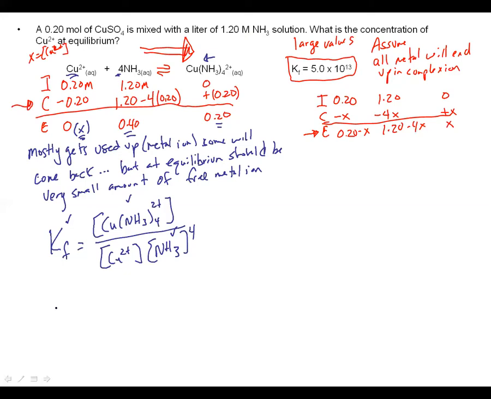So if we put our numbers in, we see that 5.0 times 10 to the 13 would equal our complex ion at equilibrium, which is 0.2 from the table above, which is why you need to do that table. That gives you your copper ion concentration and our NH3 also from the table above.